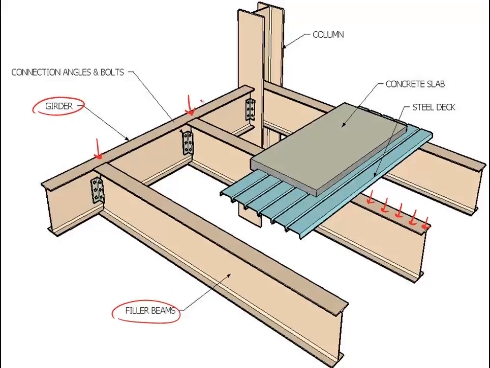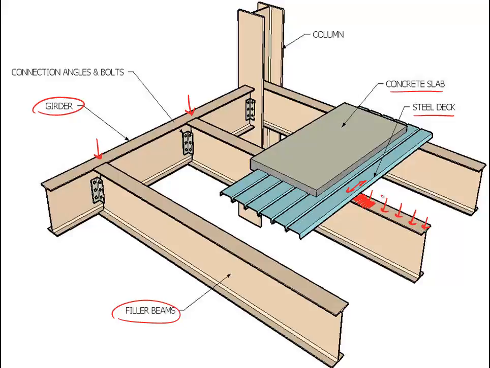Now, one of the things we're going to spend a considerable amount of time discussing in future lesson plans are the impact of these steel decks or concrete slabs that are resting on the top flange of the fill beams. If an appropriate connection is made between the decking and the top flange of the fill beam, we can expect that steel deck to provide some lateral resistance to the top flange of the fill beam.